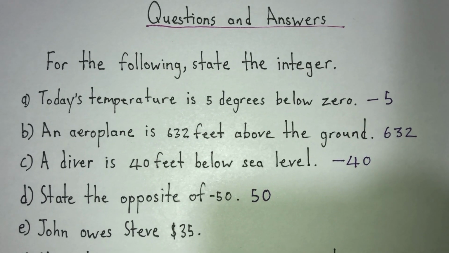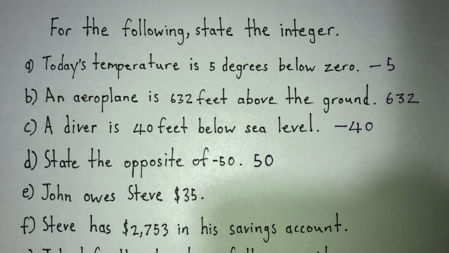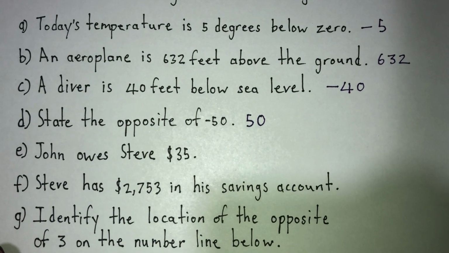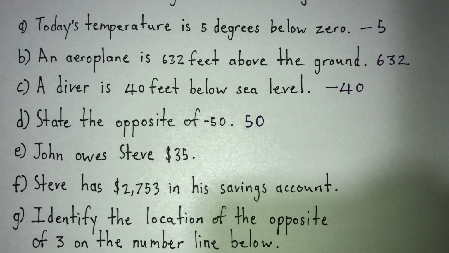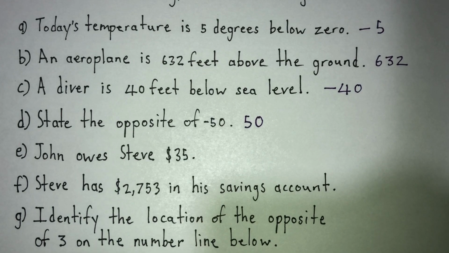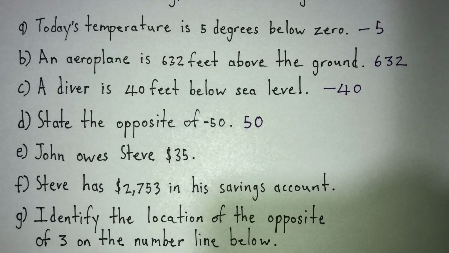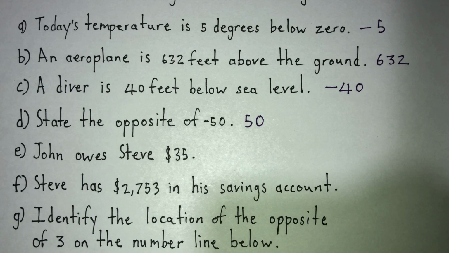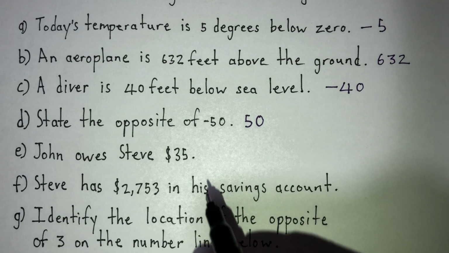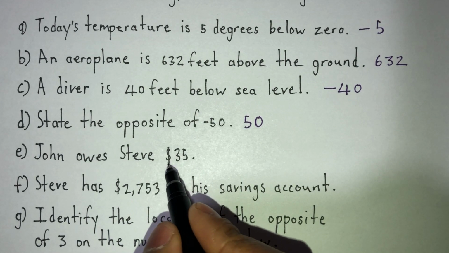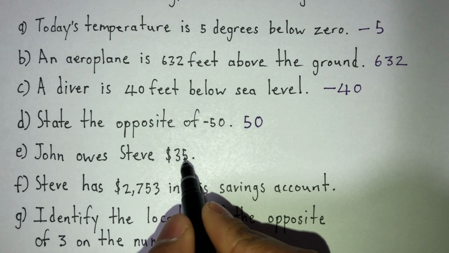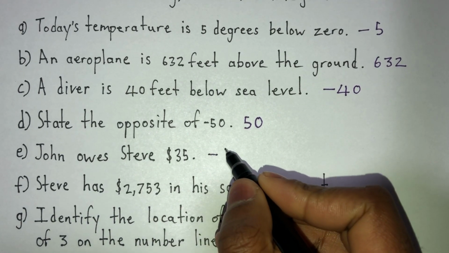Let's look at question E. John owes Steve $35. So because John owes Steve, the integer which will represent this quantity is negative.